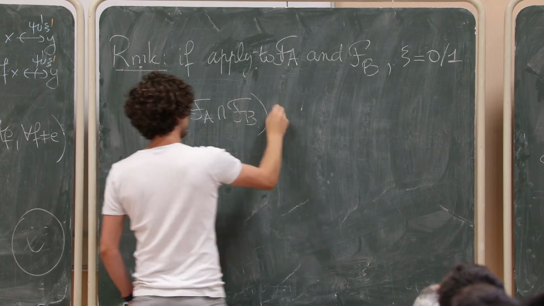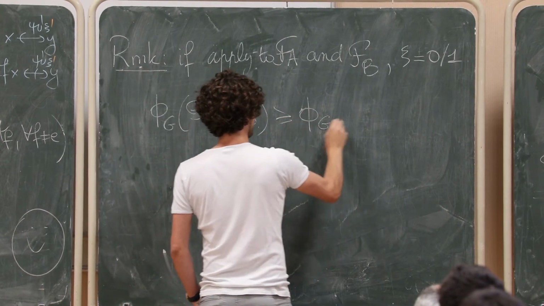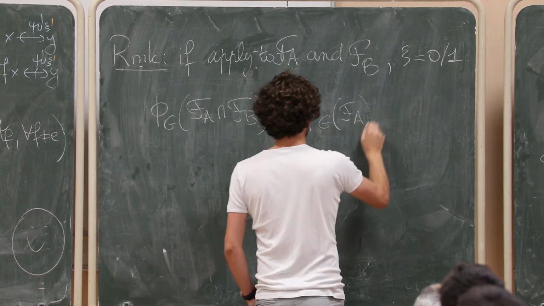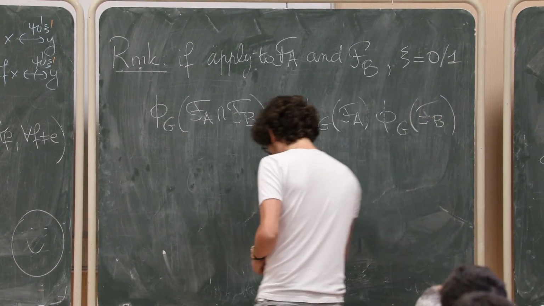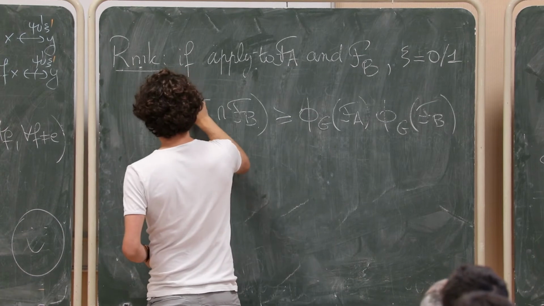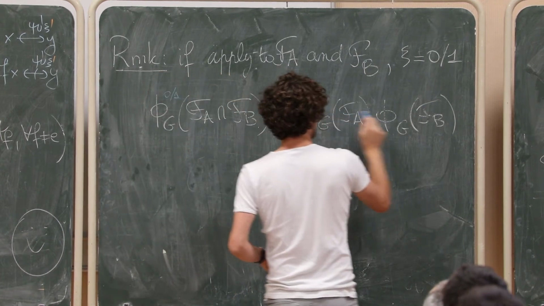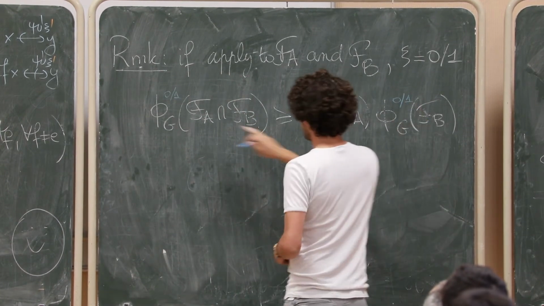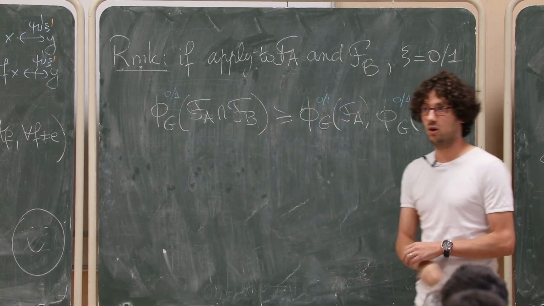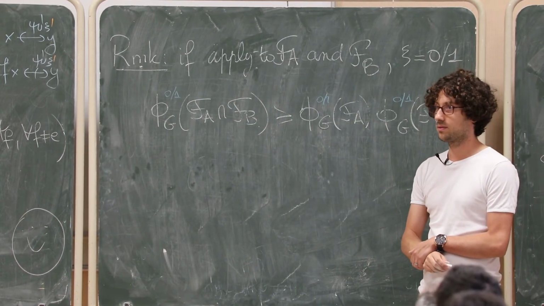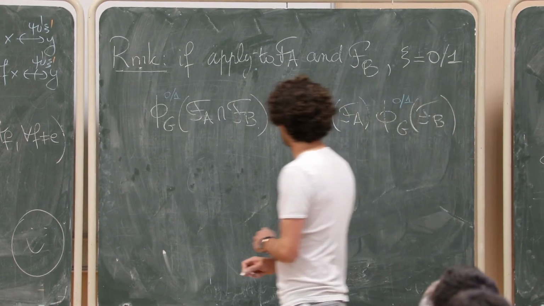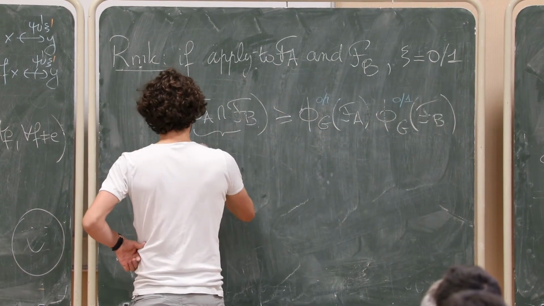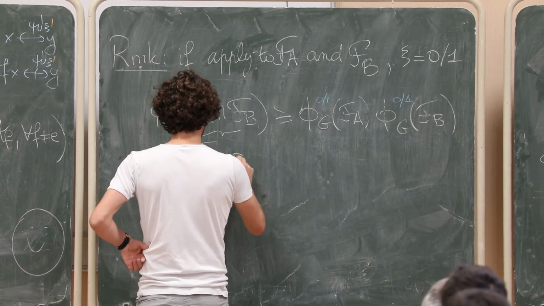so it translates into that. And this is 0 or 1. And here, if these two things occur, what do you deduce? You deduce that f of A symmetric difference with B occurs.